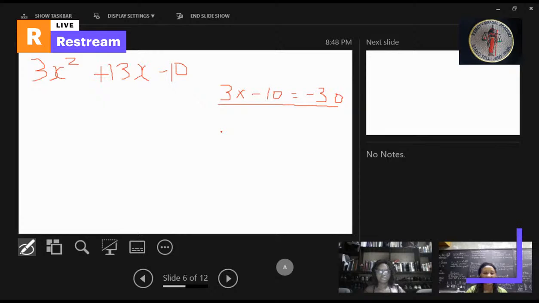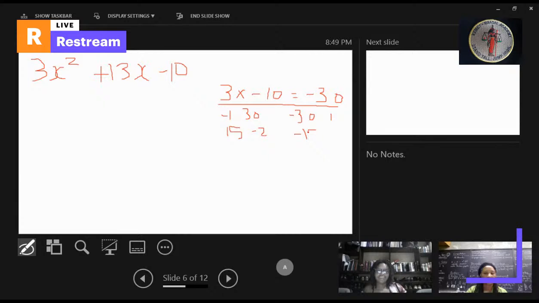Okay. So it could be negative 1 and positive 30. It could also be negative 30 and positive 1. There could be 15 and negative 2, and 2 and negative 15.